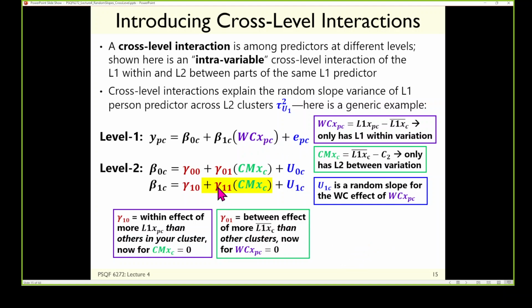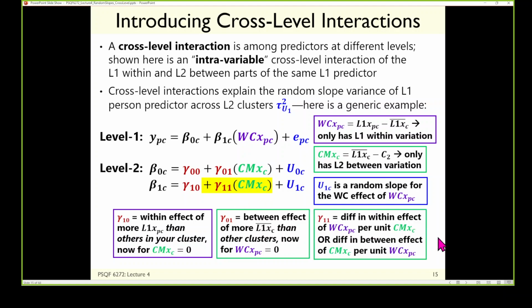The cross-level interaction, so named because it is interacting a level 2 predictor with a level 1 predictor. You can talk about it either way. It is how the within effect gets stronger or weaker by the cluster mean, or it's how the cluster mean effect gets weaker or stronger as a function of the within. The first one is usually easier, so I did it that way.